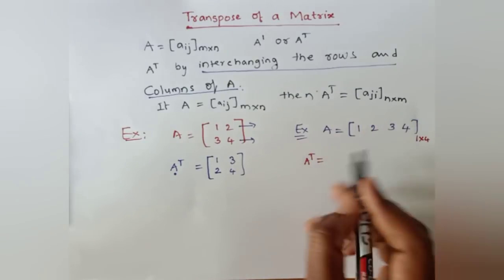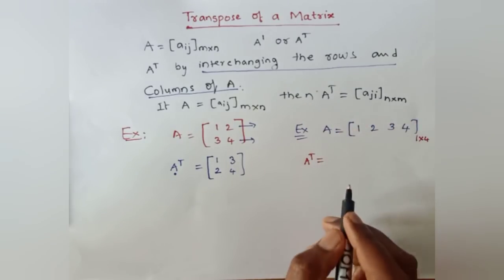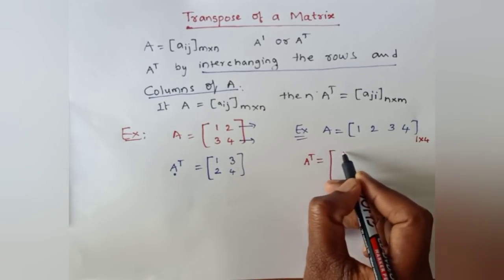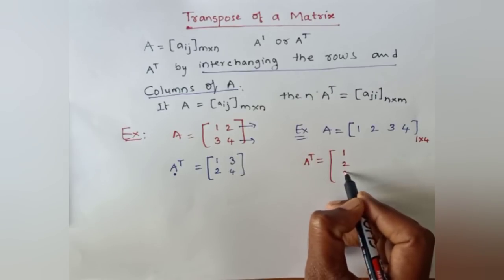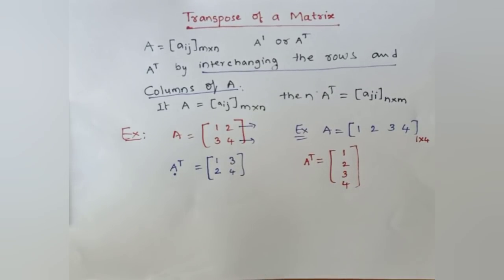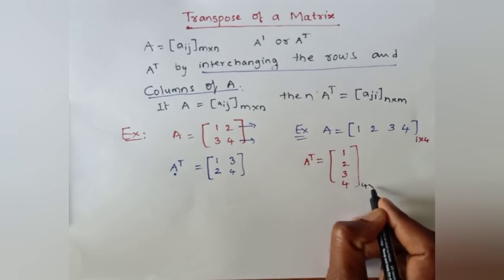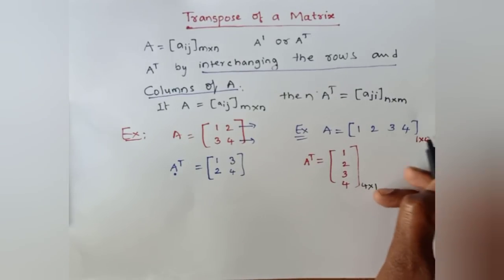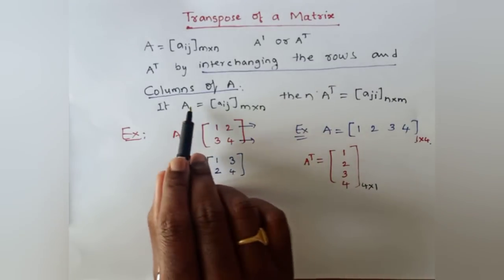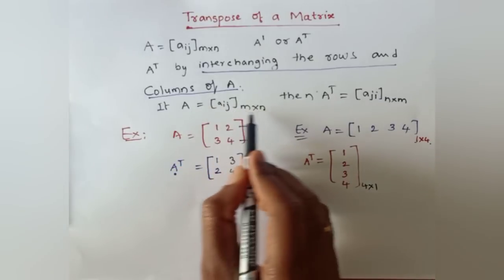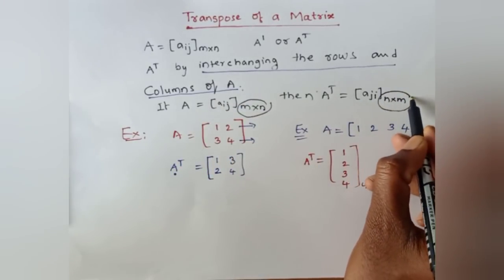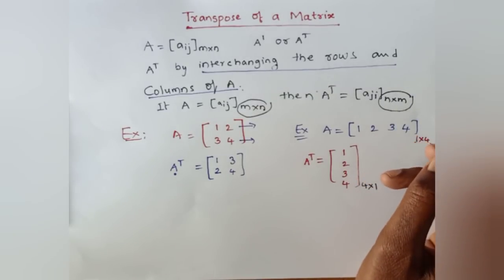Since it contains only one row, the result is a column 1, 2, 3, 4, which is a matrix of order 4 by 1. It reverses: if it is 1 by 4, this will be 4 by 1. As in the definition, A is a matrix of order m by n, then the transpose is a matrix of order n by m.